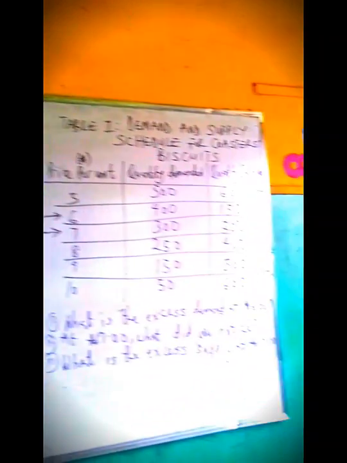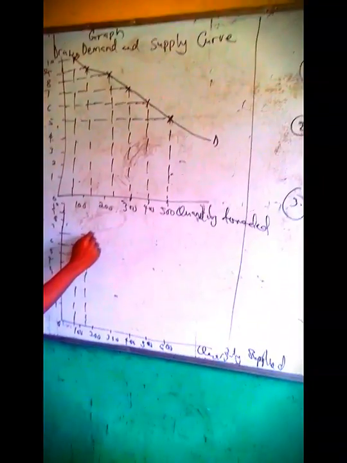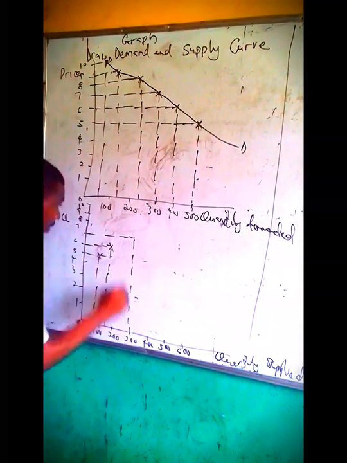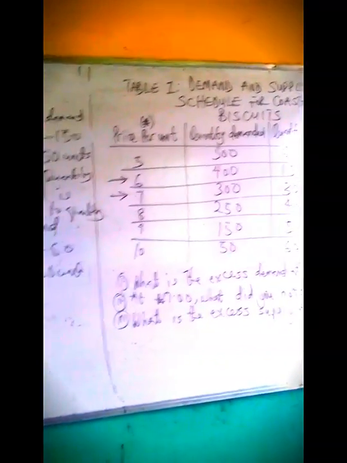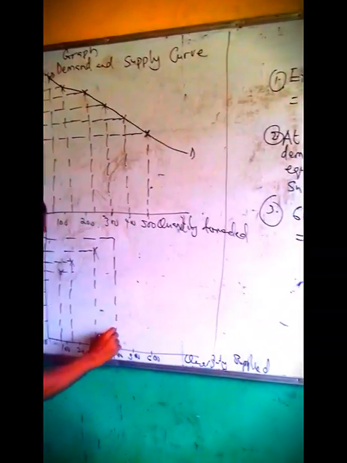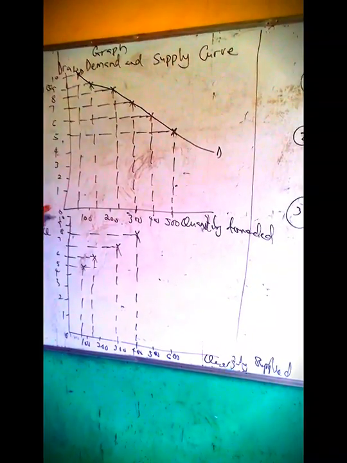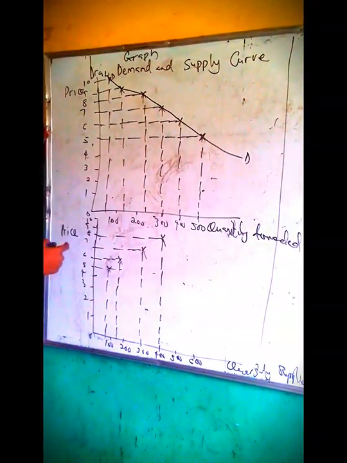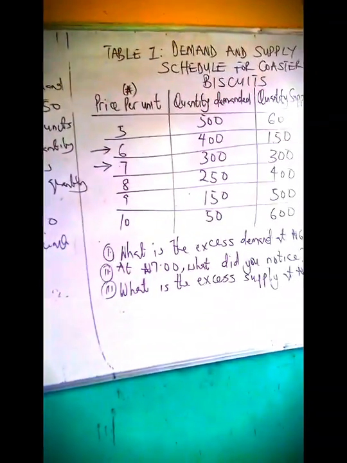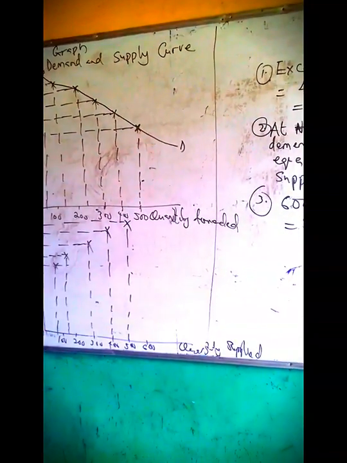At 7 naira, the quantity supplied is 300. At 8 naira, the quantity supplied is 400. Just take your time, you will understand this. At 9 naira, the quantity supplied is 500.